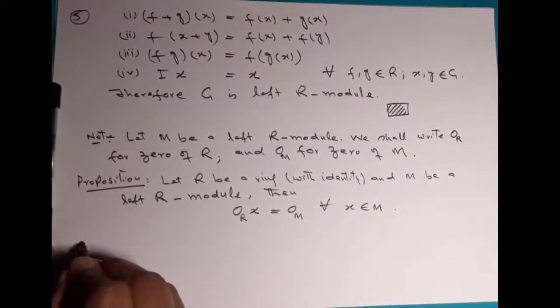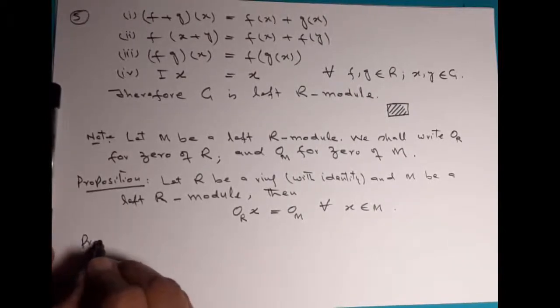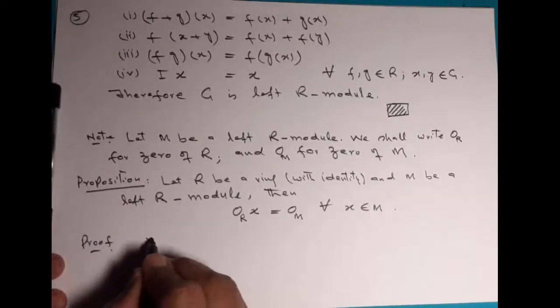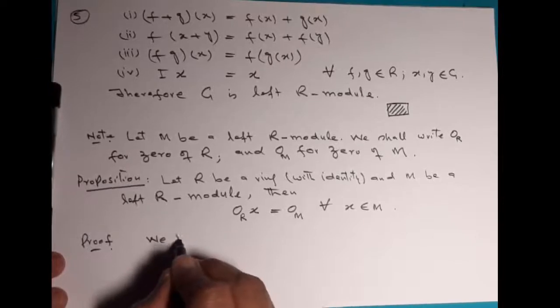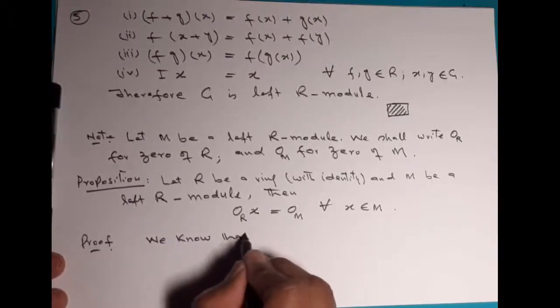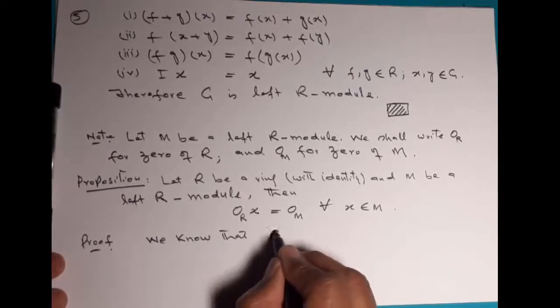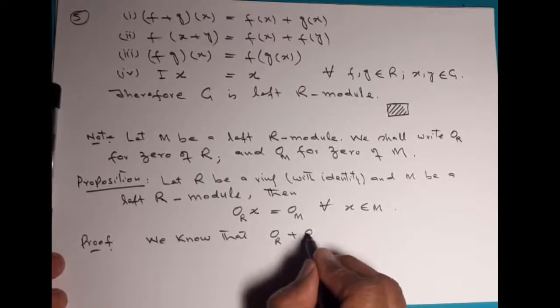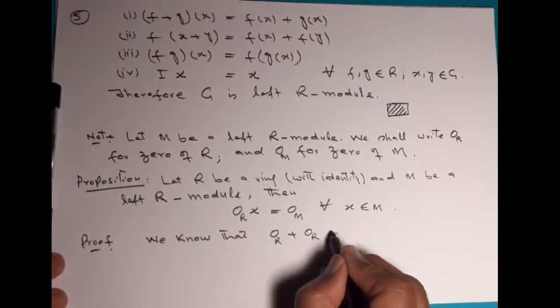So let's prove that. We know, and it is a very simple fact, that when we add 0 with 0 itself, the result will be 0.